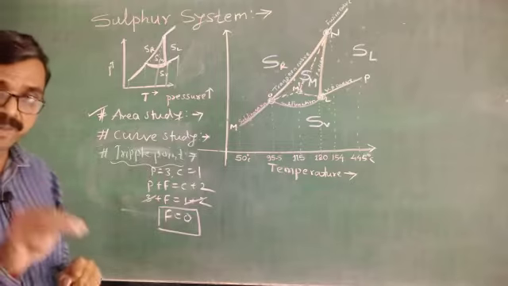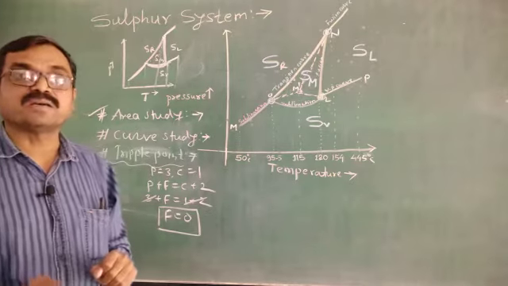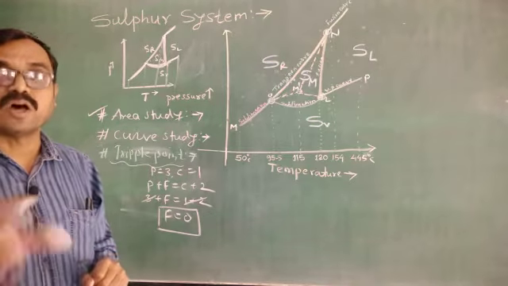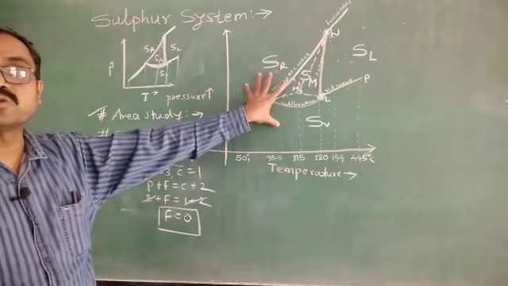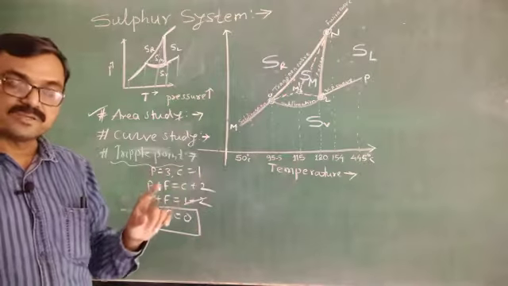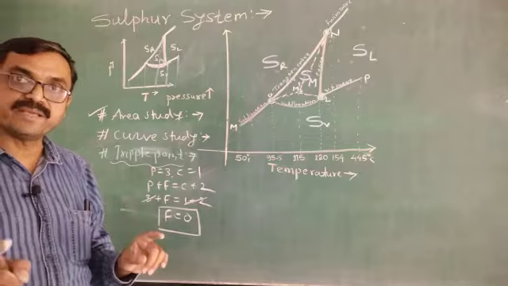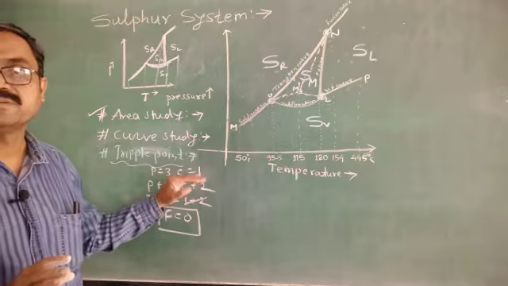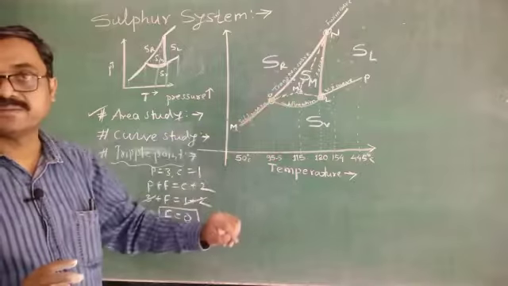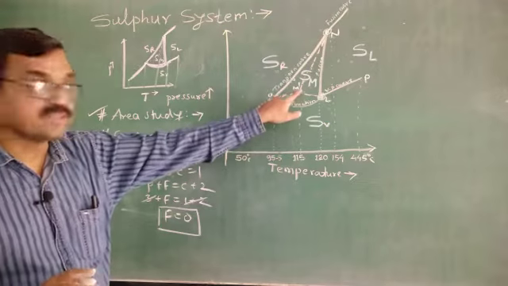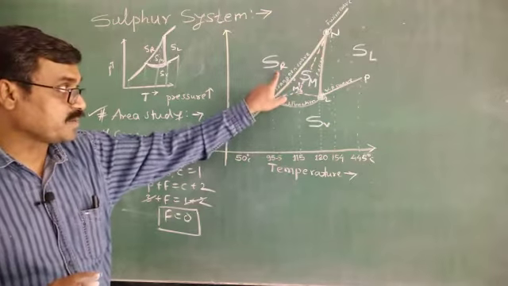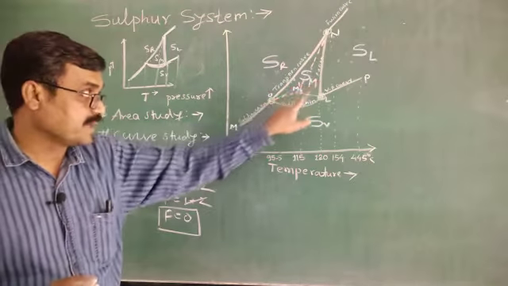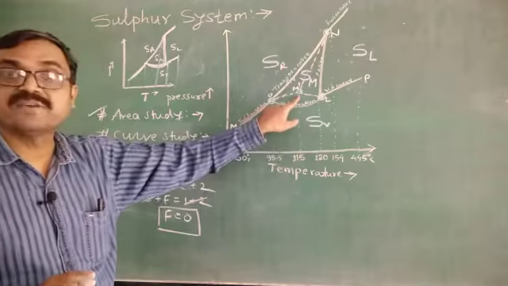If the question is for 3 marks, explain sulfur as a non-variant system. The same diagram you have to draw, but non-variant means, you must remember, triple point study. You write about the triple point, all these 4 triple points. Here this is Sm, this is M dash triple point, sulfur rhombic, then sulfur liquid and sulfur vapor. 3 phases are there.